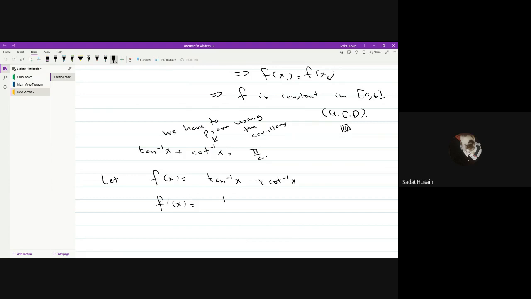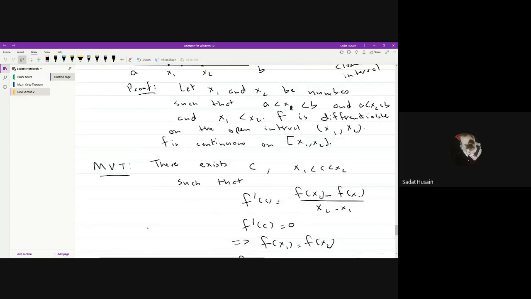The derivative of tan inverse x is 1 over 1 plus x square, and of cot inverse x is minus 1 over 1 plus x square. They are opposite. You can verify this yourself. Actually, this is equal to 0 everywhere. When you add them you end up getting 0.